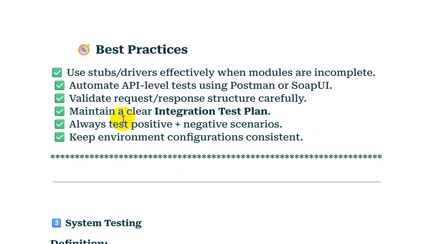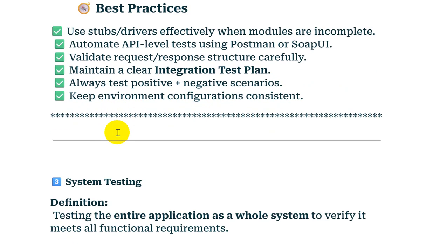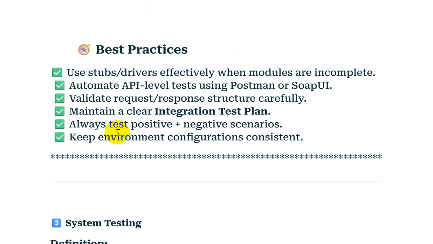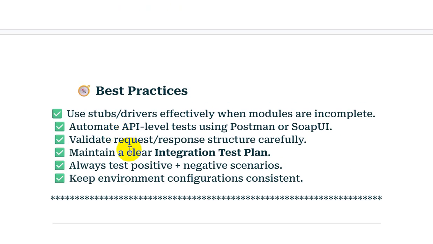Then we can maintain a clear integration test plan. Second to last, we can always do positive and negative scenario testing against the application. We can keep the environment configuration consistent. So these are the things related to integration testing. I have covered everything about integration testing.